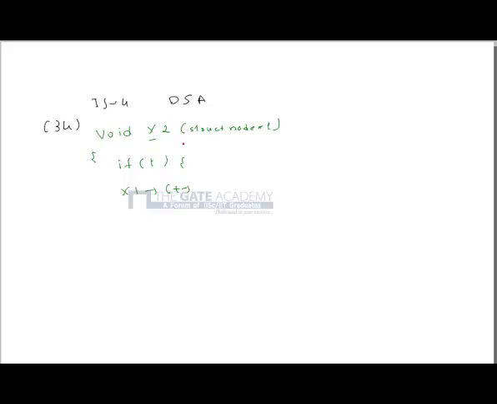So from x2 we are calling x1, then printing, and from there once again we are calling x1 only. Now let's look at the code of x1.